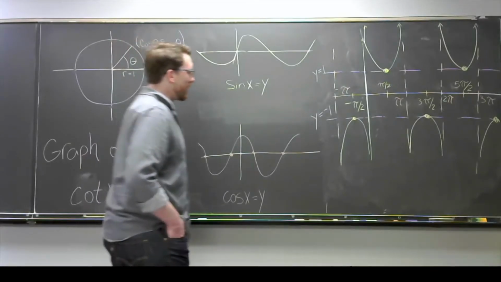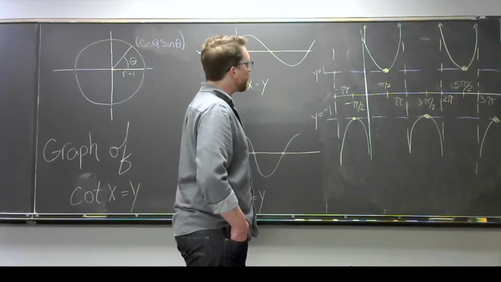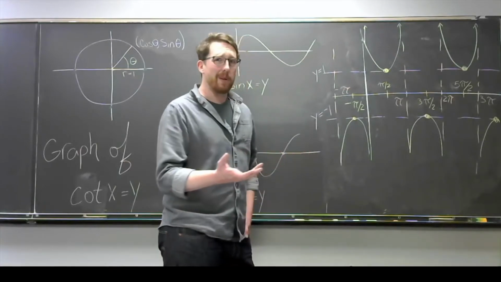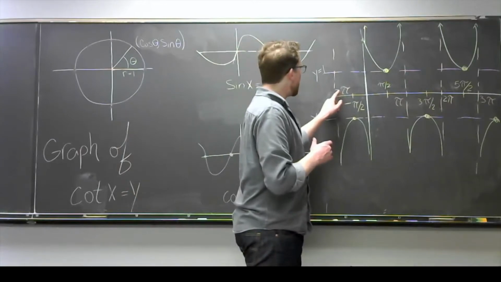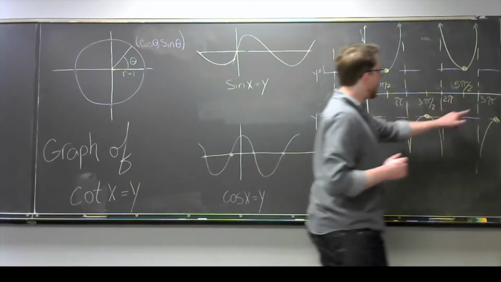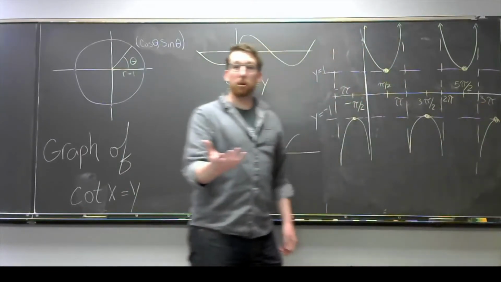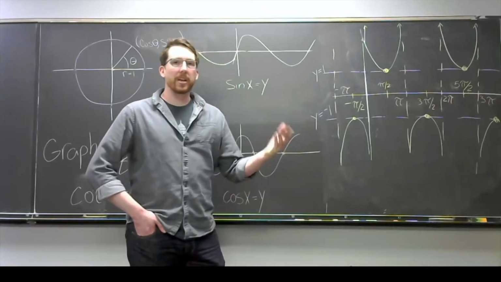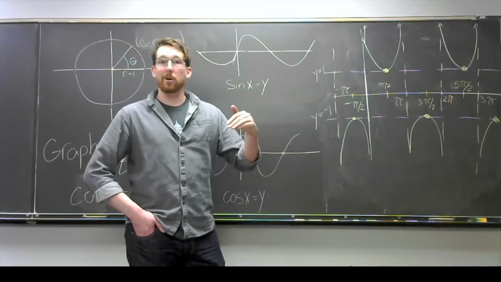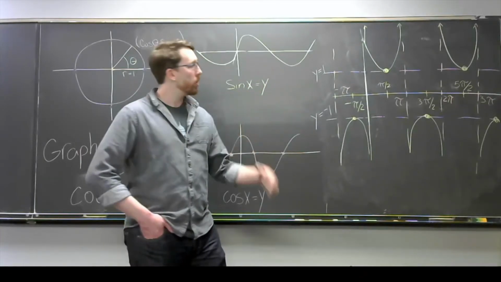All right, well, using this information, we already have a big tip-off, right? Just look at the asymptotes. We have an asymptote at -pi, at pi, 2 pi, and 3 pi. Like I said, multiples of pi. Well, we know cosecant and secant are 1 over sine or cosine, right?